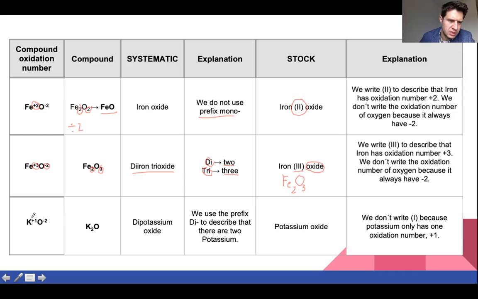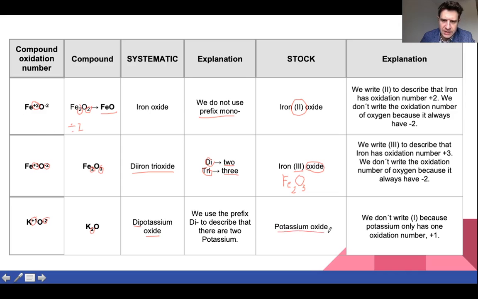Potassium. Potassium has only one oxidation number. Hydrogen, lithium, sodium, potassium, rubidium, cesium, francium: first column. Oxygen again, -2. We shift the oxidation numbers. We put the oxidation number of oxygen close to potassium. And the name is dipotassium oxide. Very easy. We use prefix di to describe that there are 2 potassium.